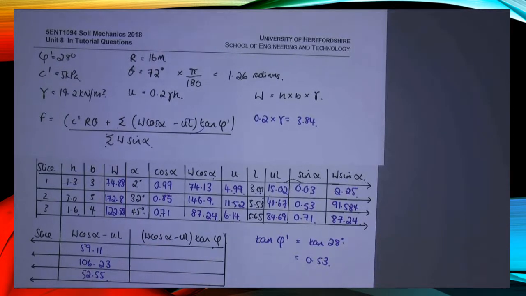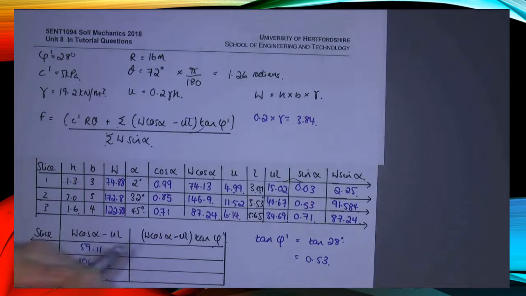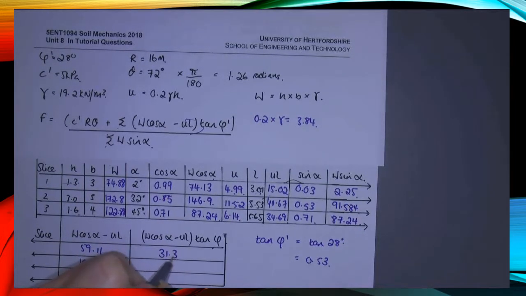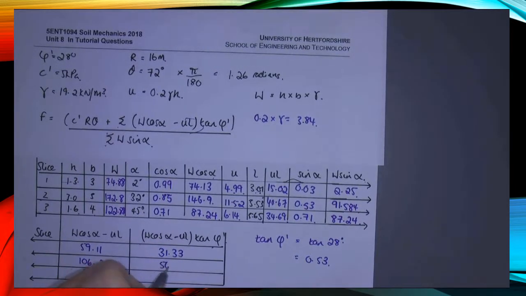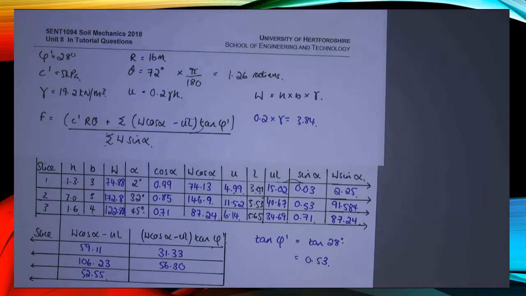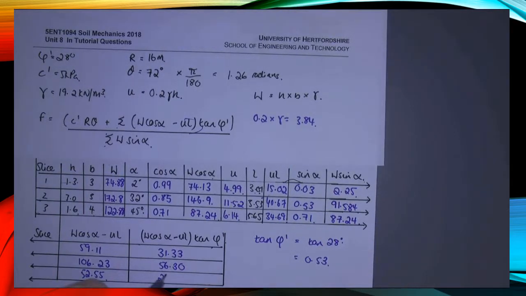So 59.1 times 0.53 gives us 31.33. 106.23 times 0.53 gives us 56.30. 52.55 times 0.53 gives us 27.825.